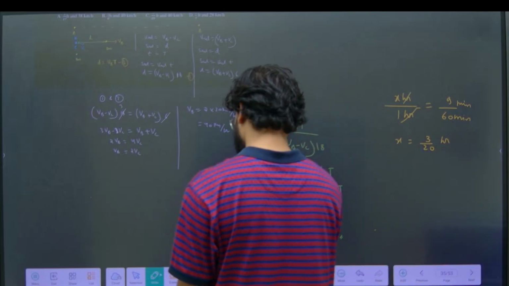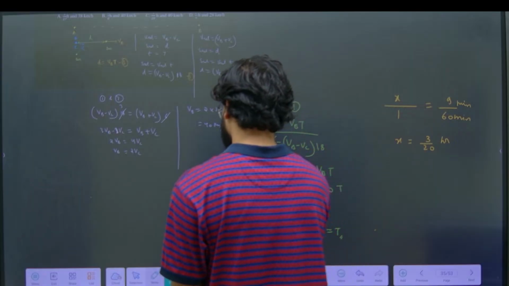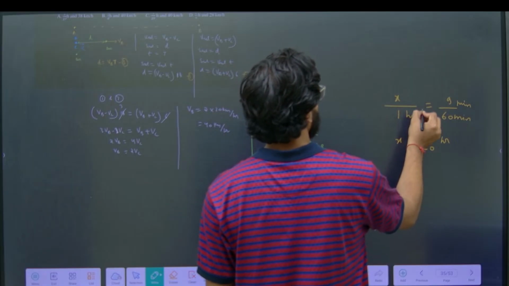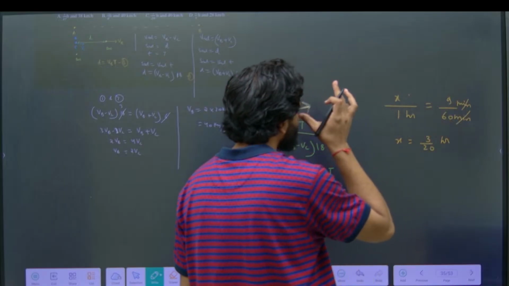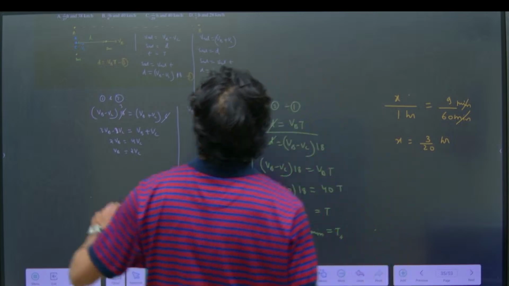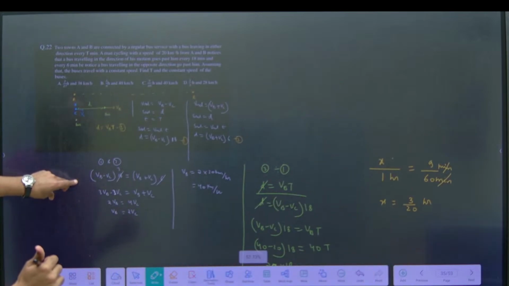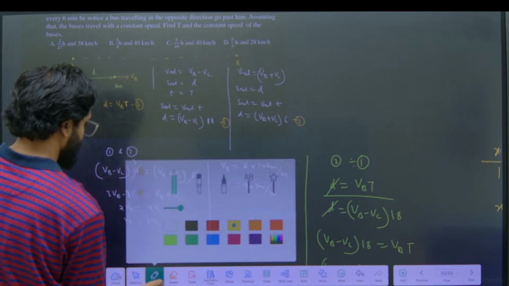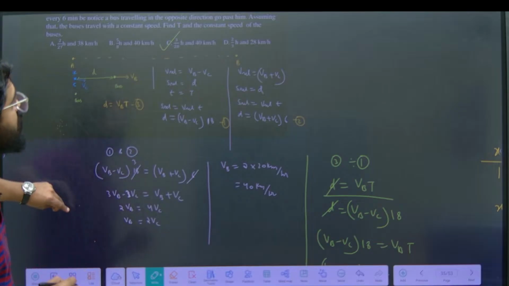Are you getting it? So finally our answer will come in hours, so it should be 3 upon 20. Yes, finally the answer is option Calcutta.